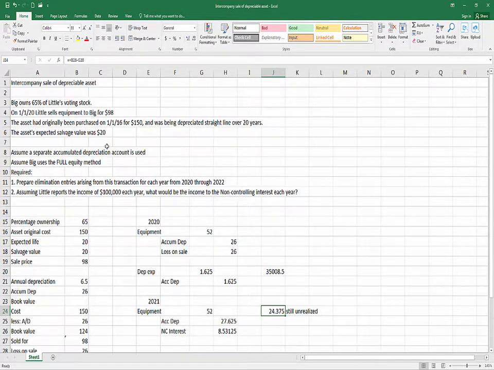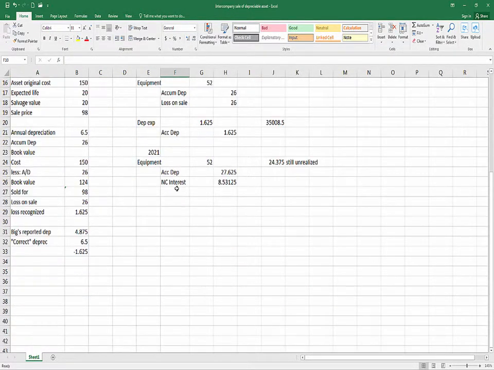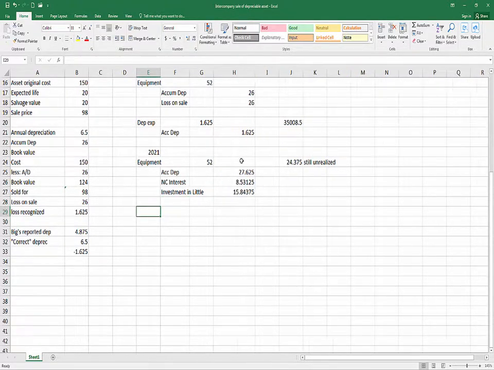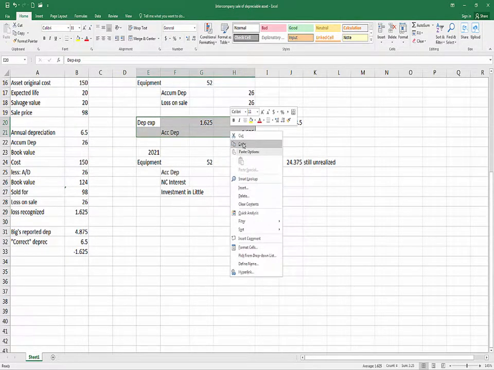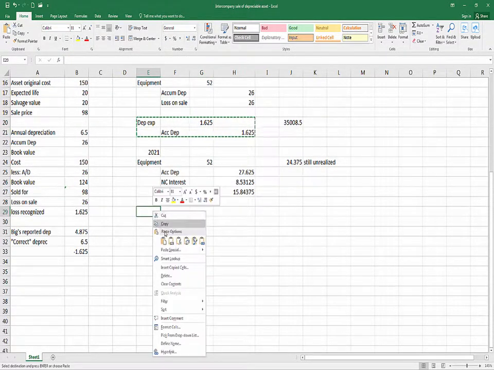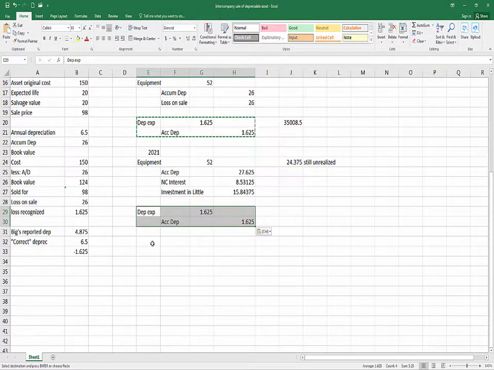The parent is using the full equity method, which means that the adjustment is going to be an adjustment to the investment in Little account. Okay, so we carry forward the remaining unrecognized gain or loss from the previous year. Then again, we have to update or correct the depreciation expense, recognizing another 1.625 of that loss.